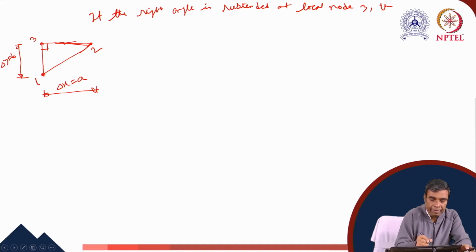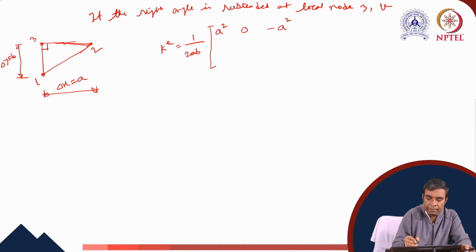So in that case, Ke equals 1 by 2ab times the matrix with entries a square, 0, minus a square; 0, b square, minus b square; minus a square, minus b square, a square plus b square.